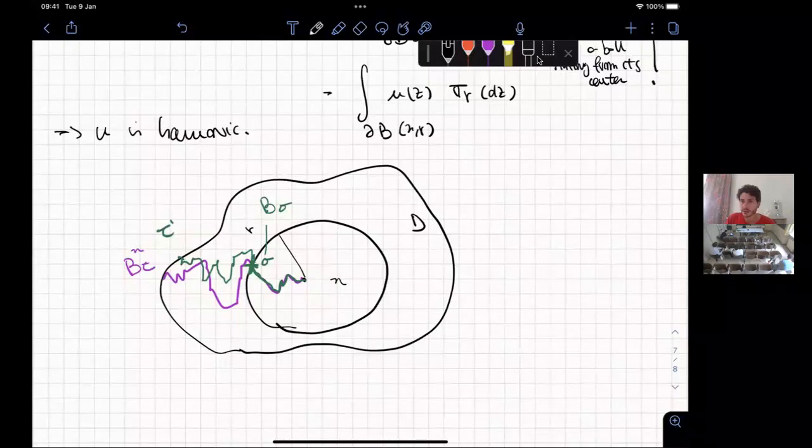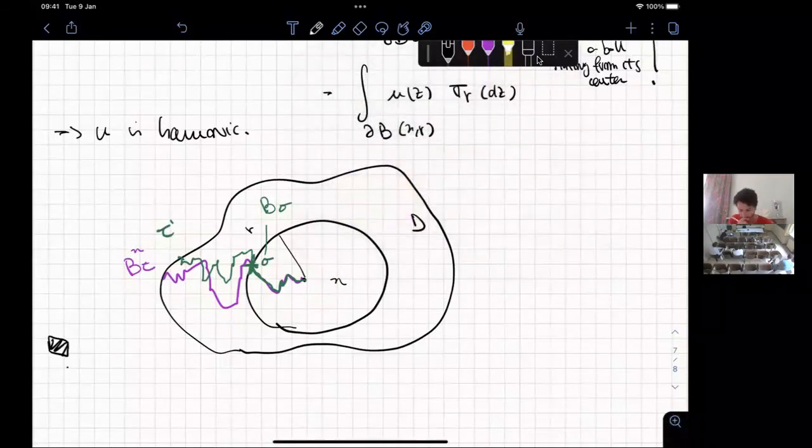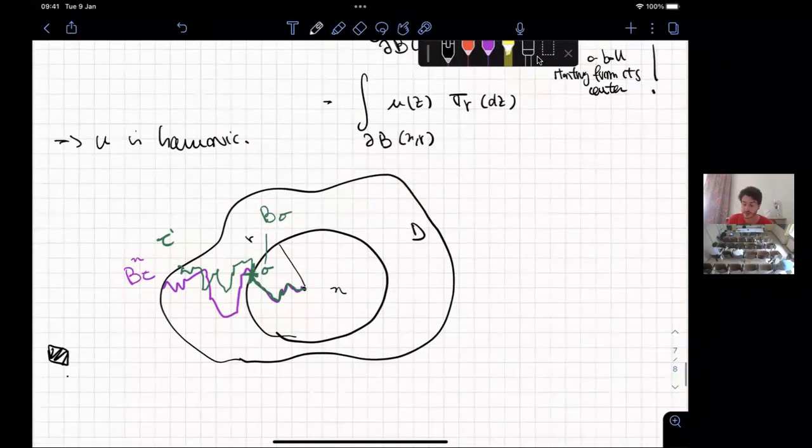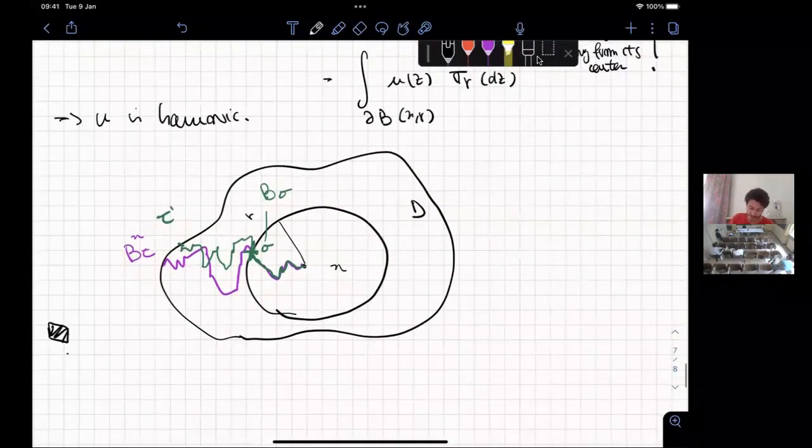And okay, it's getting long, so I think that we can conclude here. This is the harmonic part. The remaining part is the continuity at the boundary, but this is a mess, and I won't go into that.